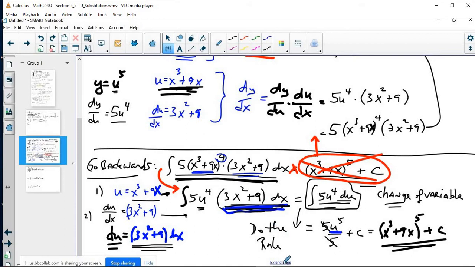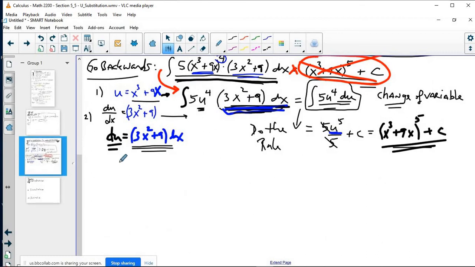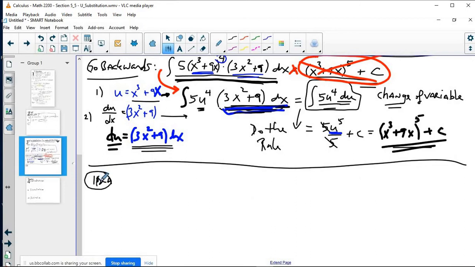So here's the idea, for those of you that kind of like a formula. The idea is this: we have the integral of some function that has another function inside and is also multiplied by the derivative of the inside function.